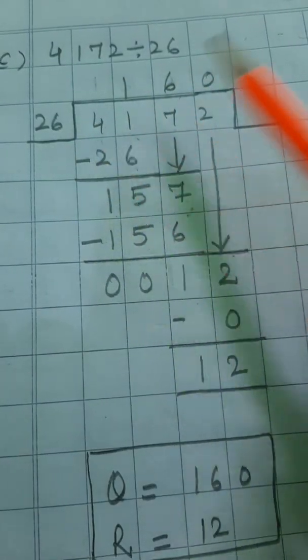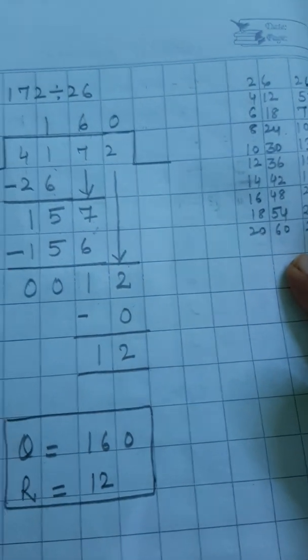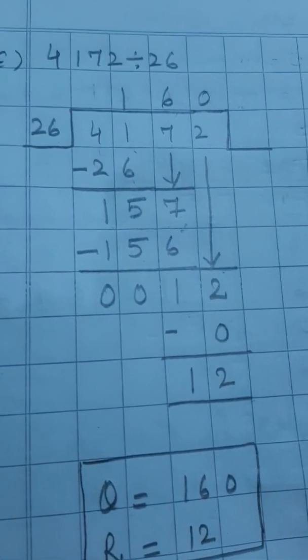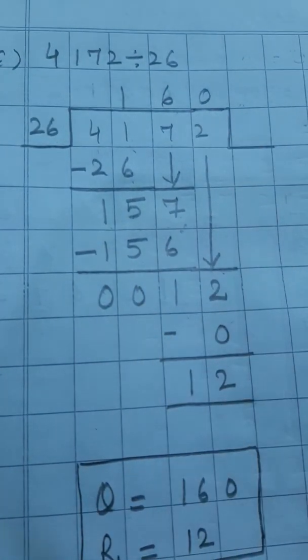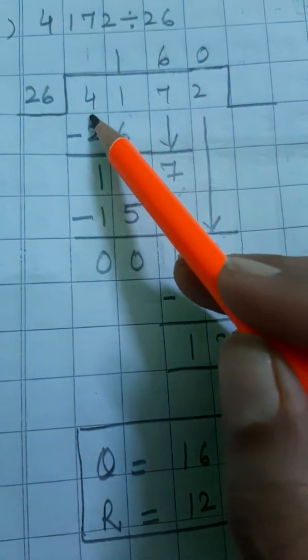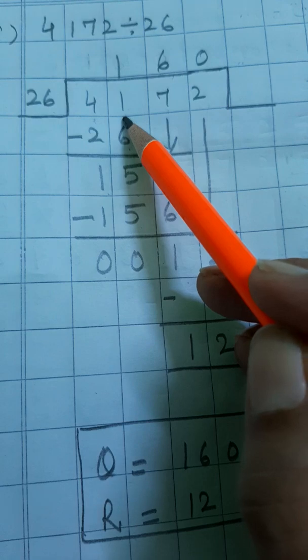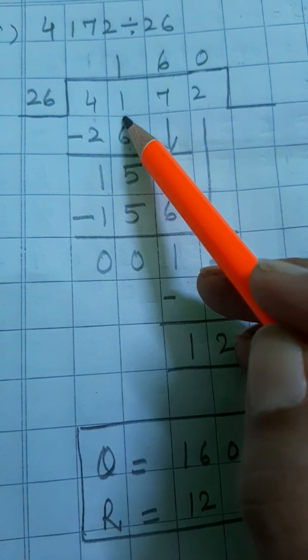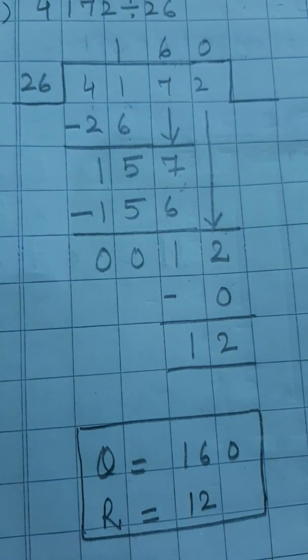So we will write the table for 26 at this side and then start dividing. Because 26 is a 2-digit number, we have to start from 2 digits. So we will take 41 together and we will check in the table of 26 the number equal to 41 or nearer to 41.